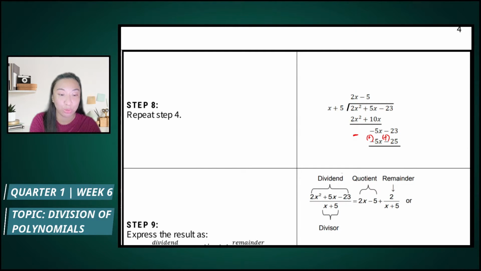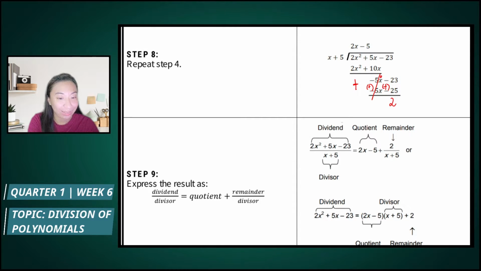And then proceed to addition. Negative 5x plus positive 5x is equal to 0, so you can cancel that. Negative 23 plus positive 25, we have positive 2. Rule of integers.